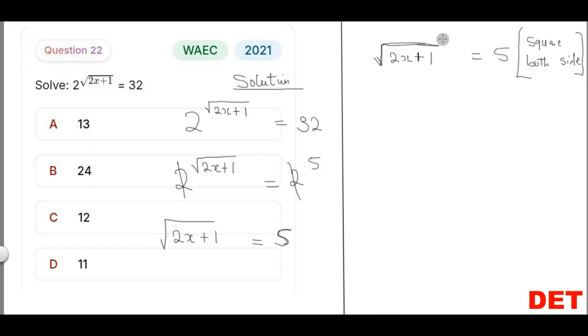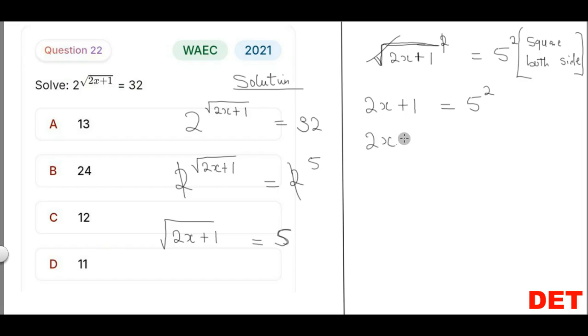So here will be squared, here will be squared, so that this square will cancel out this square root. What will be left will be 2x plus 1 equal to 5 raised to the power of 2. And 5 raised to the power of 2 is equal to what? 25. 5 raised to the power of 2 is 5 times 5, and that will give you 25.